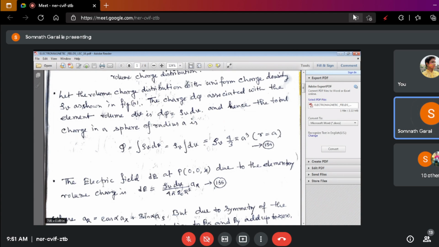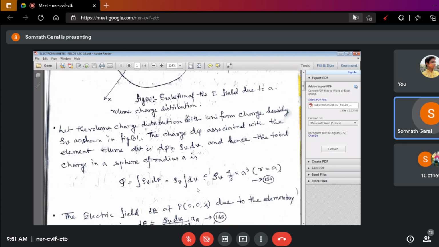So the electric field dE at the point P due to this elementary volume charge is dE equals rho v dV divided by 4 pi epsilon naught r square into AR, where AR is the direction of the unit vector.